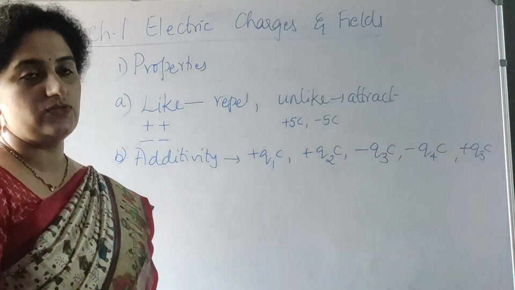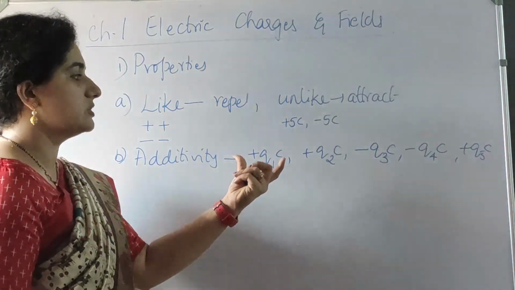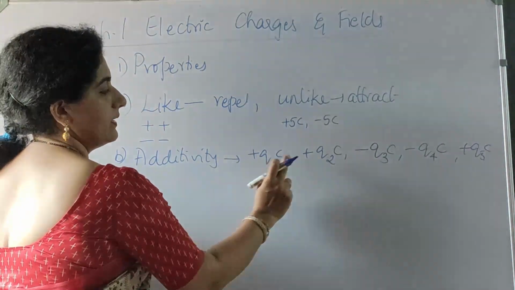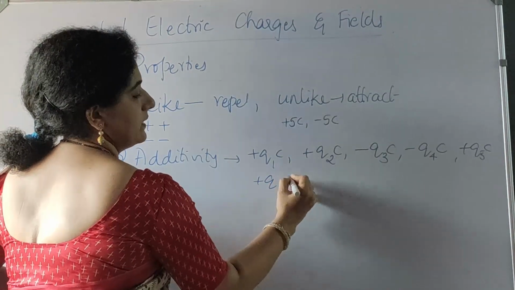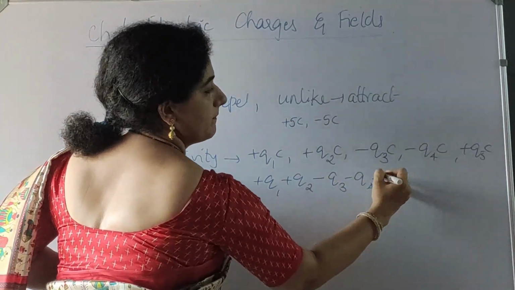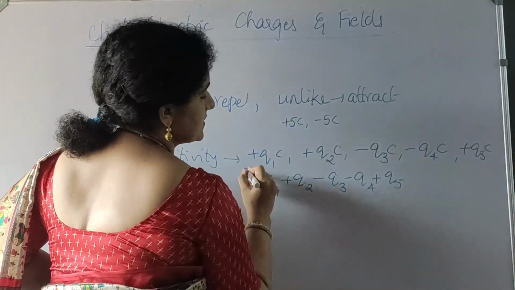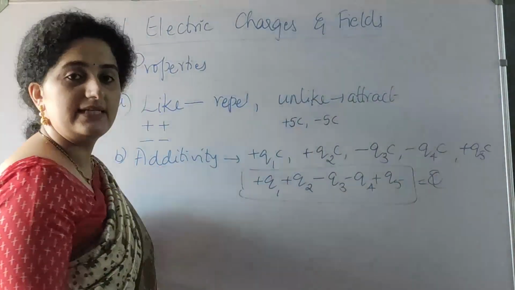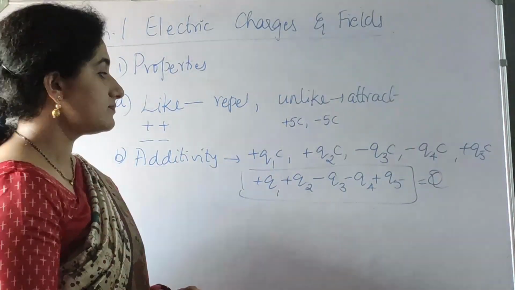If you are asked to find the total charge present in the system, you simply add plus Q1 plus Q2 minus Q3 minus Q4 plus Q5. This gives the total charge present in the system, which I can represent as plus Q.